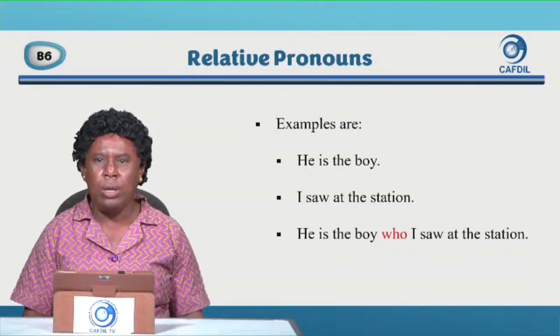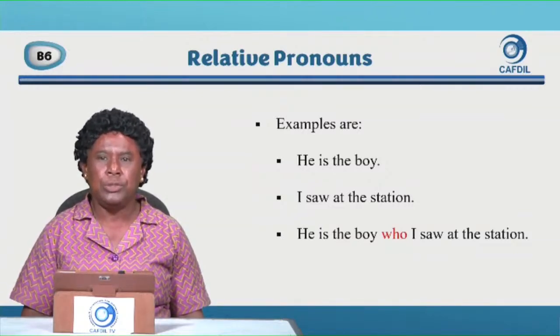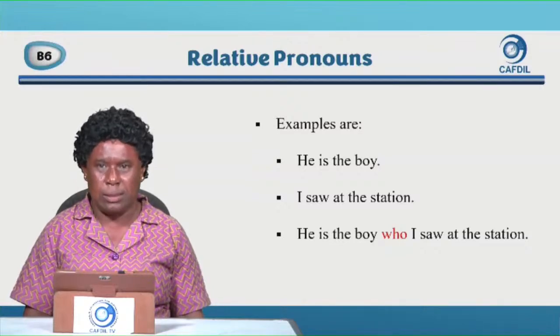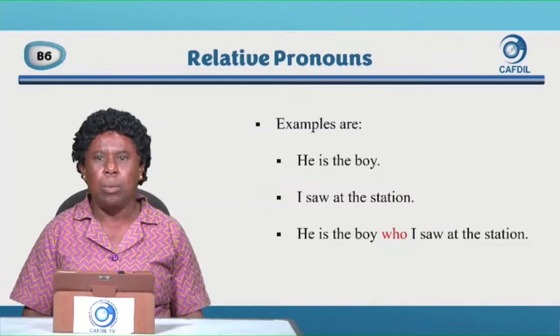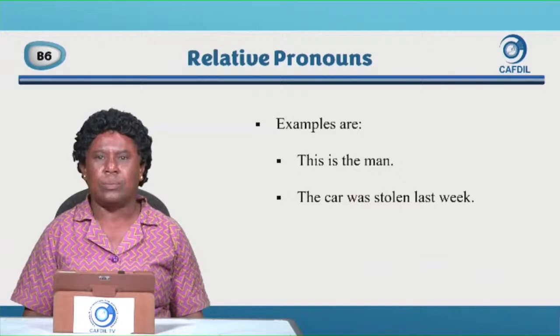Here, the relative pronoun who was used because it is referring to a person. And who is the person? The boy. So he is the boy who I saw at the station.